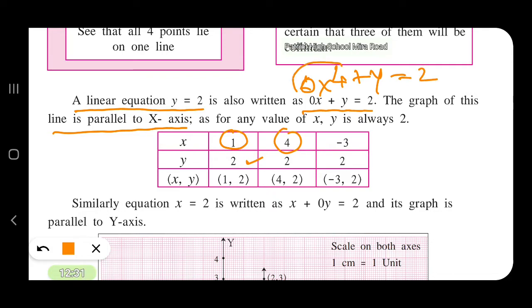Therefore your y will always be equal to 2. If you have minus 3 also here, still y will be equal to 2. So for any value of x, your y will always be equal to 2. So for x is equal to 1, y is 2. For x is equal to 4, y is equal to 2. X is equal to minus 3 also, y is equal to 2.